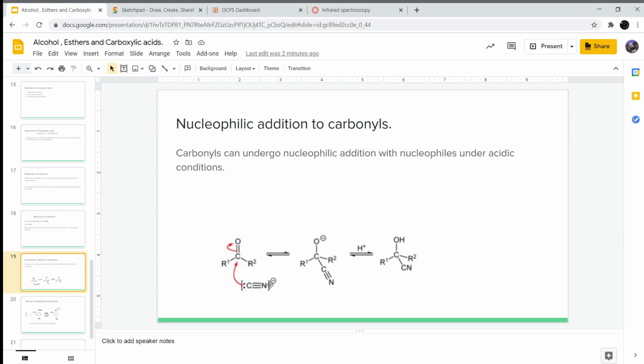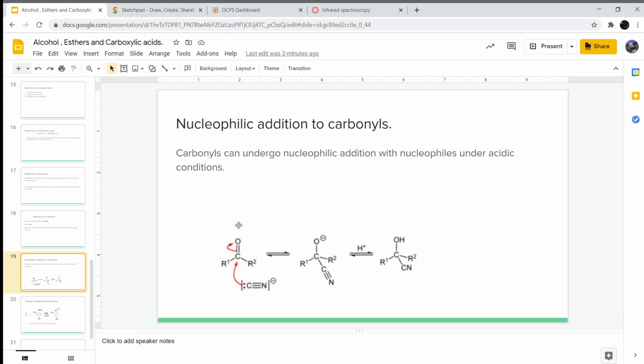The nucleophile can add itself in and instigate the reaction, causing the electron to move over to the oxygen. Then the oxygen will have a temporary negative charge, and if we have acidic conditions, it will grab onto that hydrogen ion. We will have also made a new addition to our main carbon chain. So essentially we have taken a carbon and added a new group to it.